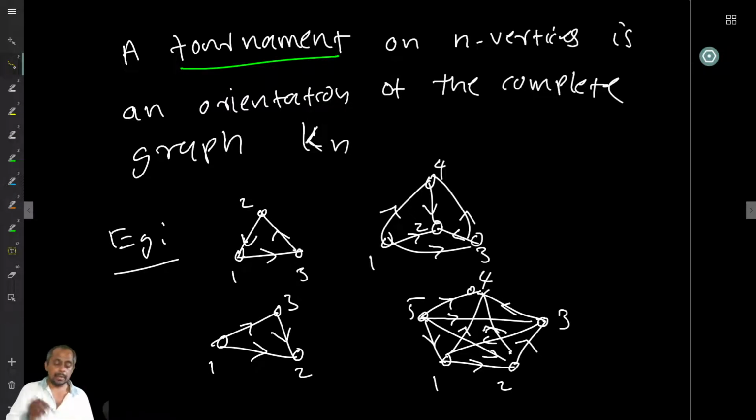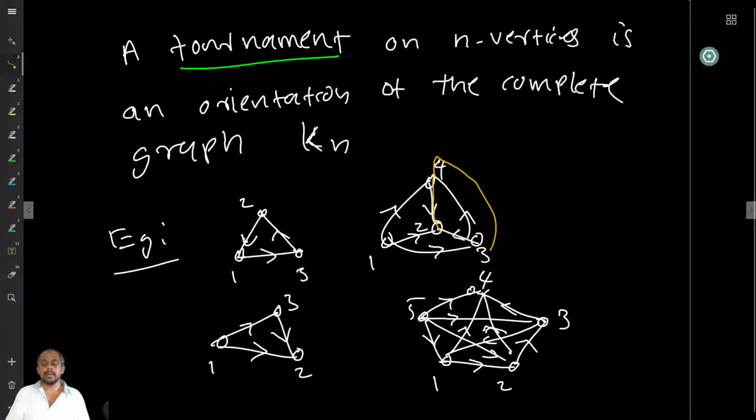For example, in this I can go from 1 to 3, then 3 to 2. So this will give a path 1, 3, 2. And in this tournament, for example, I want to find a Hamiltonian path. Can you find one? I go from 1 to 3, then 3 to 4, and 4 to 2. 1, 3, 4, 2.